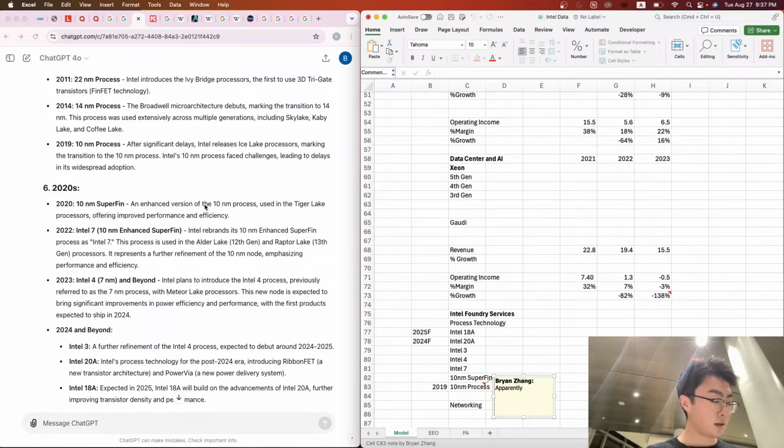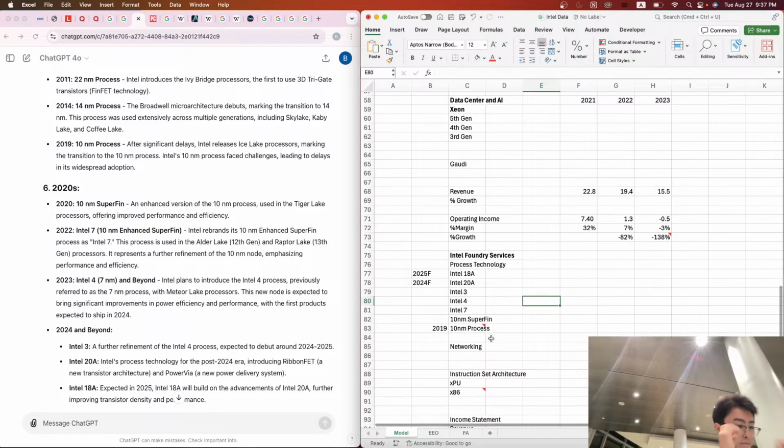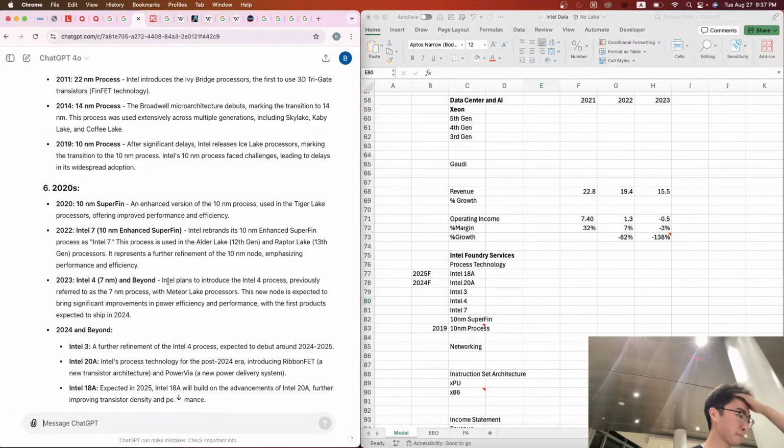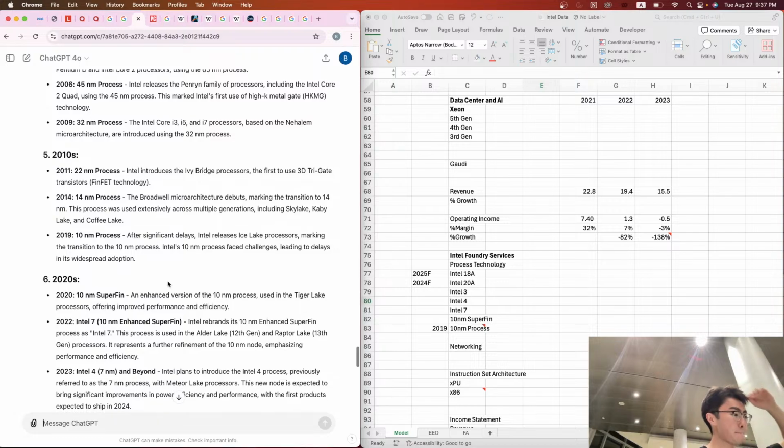Apparently this was delayed and has problems. Okay. Kaby Lake, okay. Broadwell microarchitecture.